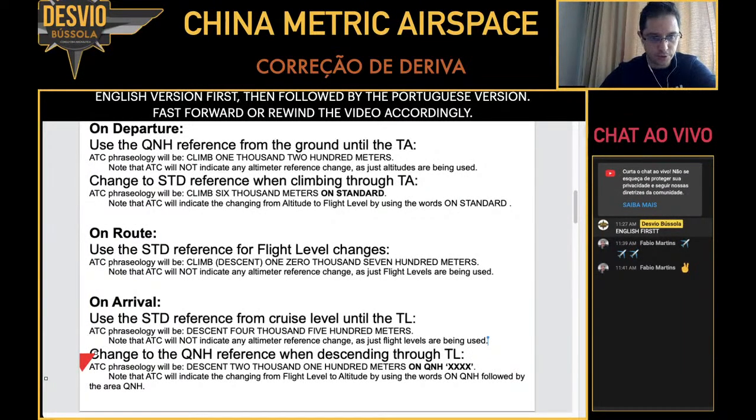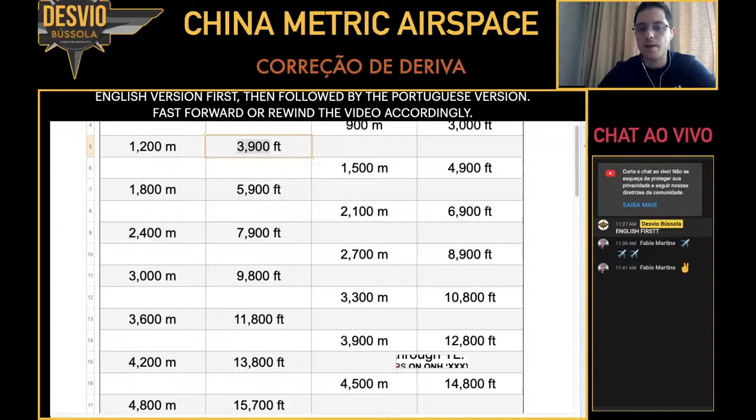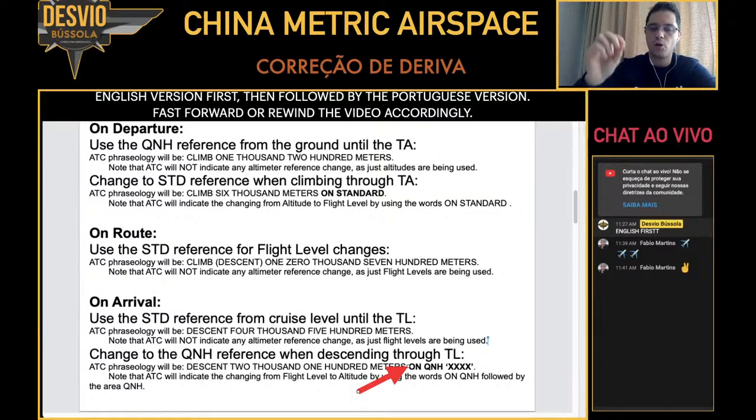And then the ATC phraseology will be "descend 2,100 meters", and they will include "on QNH 1020", for example. So they will tell you the local QNH, and this is the point when you start flying altitudes.